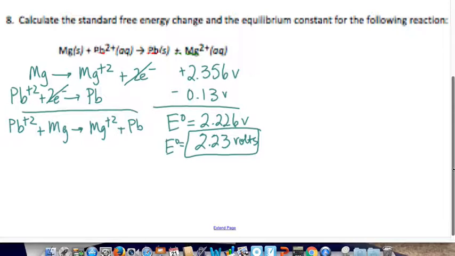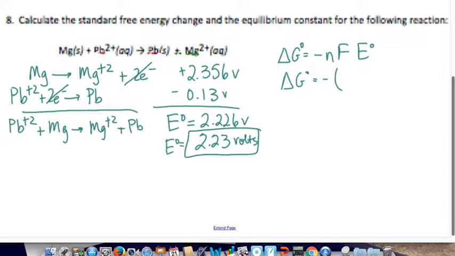Now our goal again was to find our free energy. So we're going to use delta G is equal to negative NFE. Delta G naught is equal to negative NFE naught. So delta G naught is equal to negative, what's my N? Nope, not N. 2.